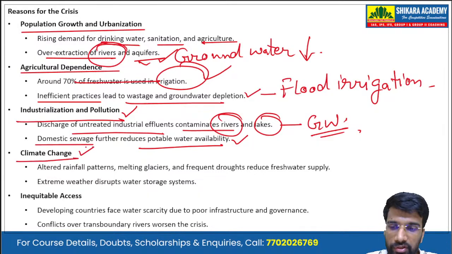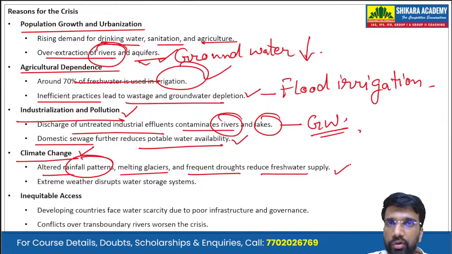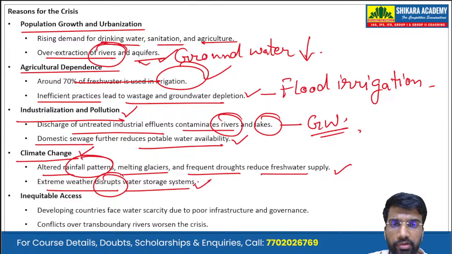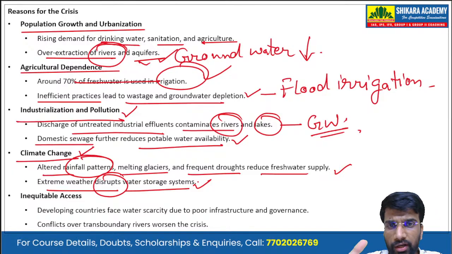Then there is climate change, which is impacting all the sectors of life. That is altered rainfall patterns, melting of glaciers, and frequent droughts reduce the freshwater supply. Then extreme weather disrupts water storage systems. It has been seen that because of climate change, there has been erratic monsoon. In some regions, there is intense rainfall in a short amount of time, and that leads to filling up of the reservoirs of the dams.